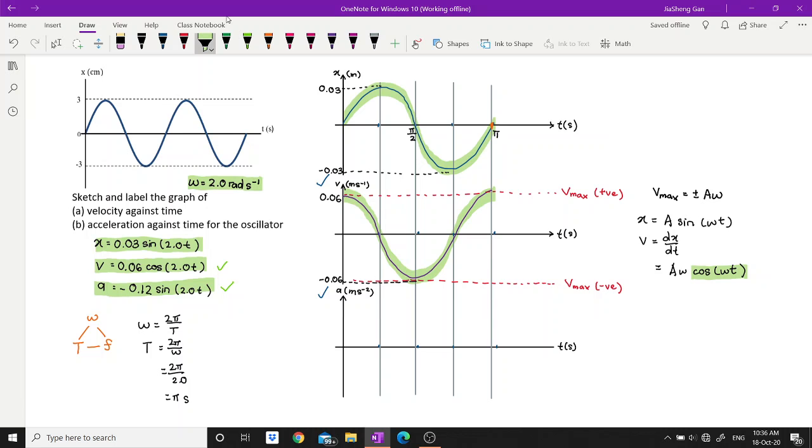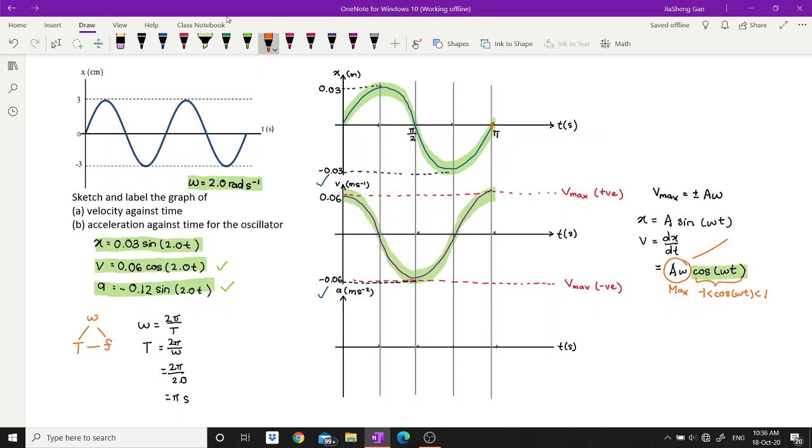Okay, so if this is a cosine graph, then this value here represents the maximum, because your cosine can only be in between -1 and 1. So you need to fluctuate within this range where the maximum is A times omega.